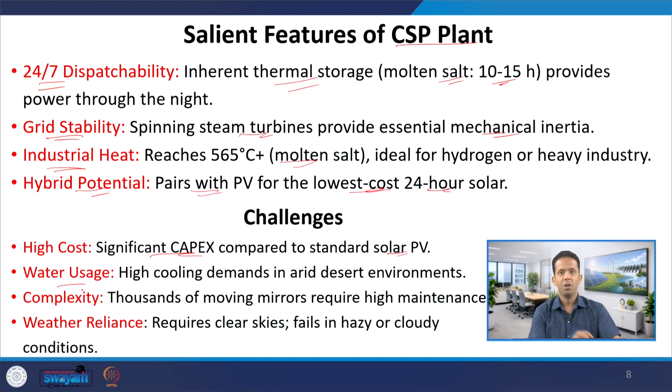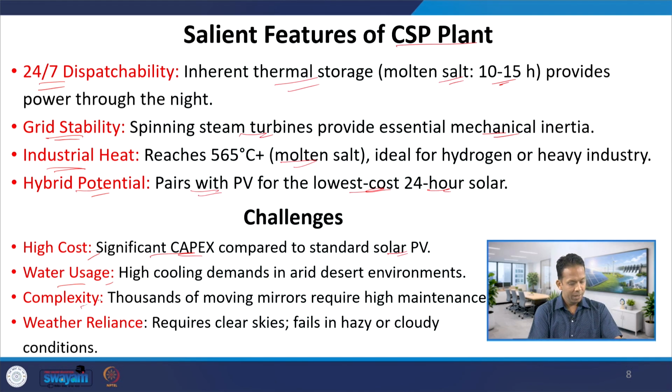Water usage: we need water for the cooling tower, and often solar thermal power plants would be installed in dry, arid, desert areas where we have good sunlight, but those areas have very scarce water. So that thing we have to optimize, and sometimes when we end up having plants in the desert area, the water pipelines need to be very long, and then water usage is a concern in the solar thermal power plant.